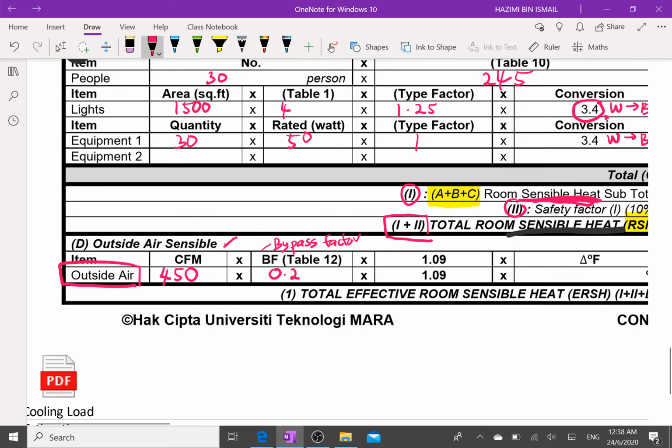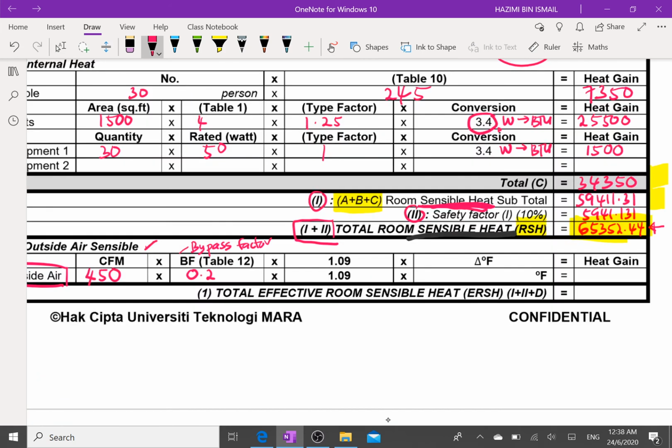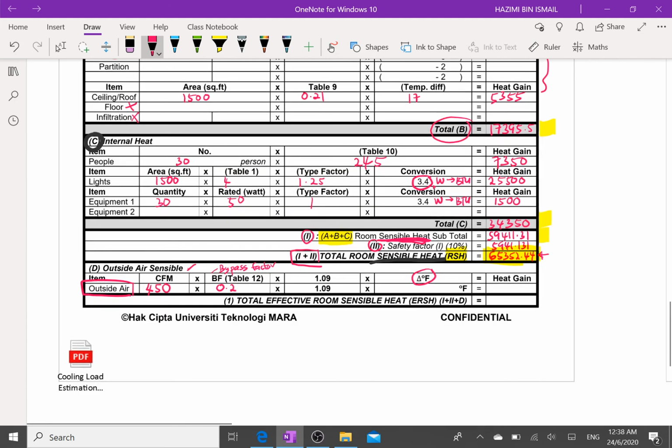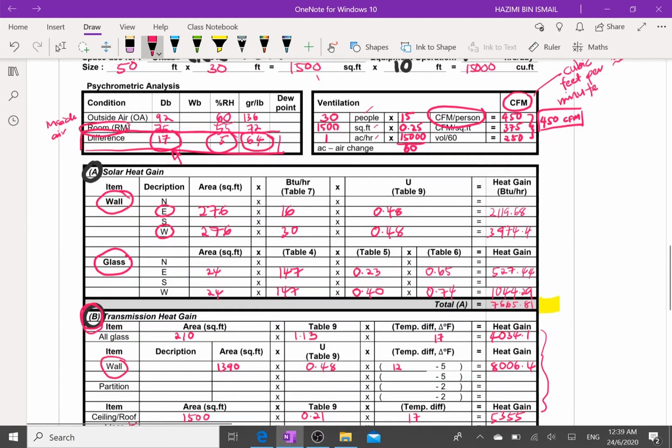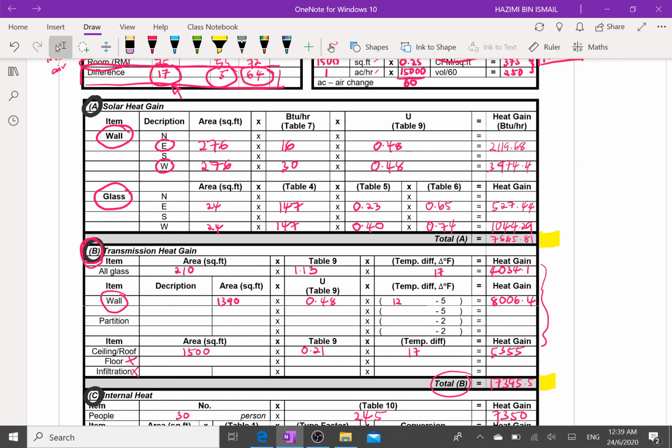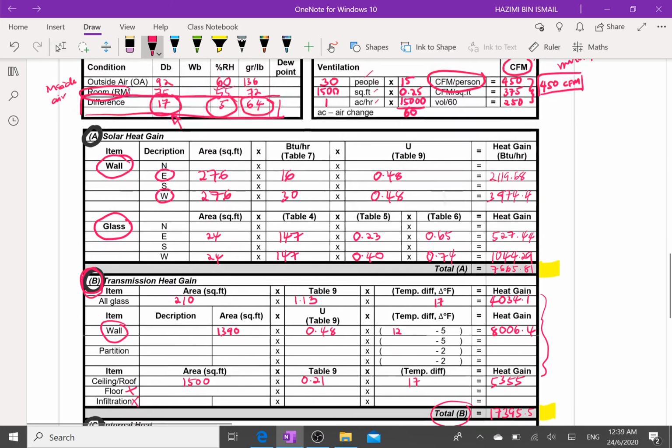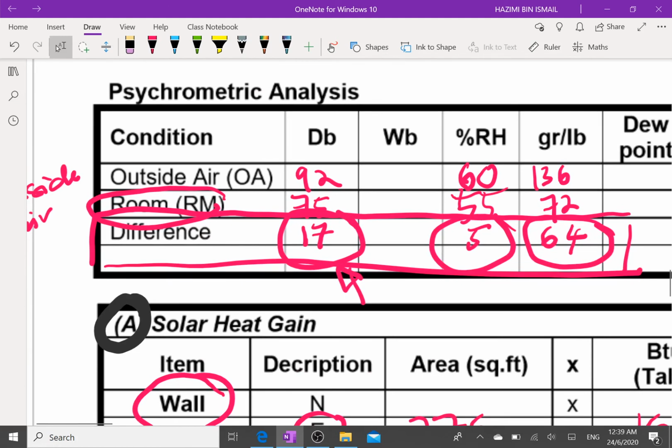And times 1.09. This is the constant value, so you don't need to worry about that. And times the temperature difference, similar to the previous part in B, transmission heat gain. The temperature difference in our problem is 17, which is the difference between the temperature outside compared to the inside of the room.